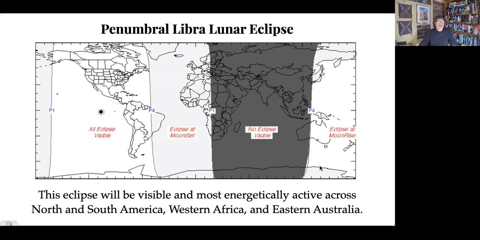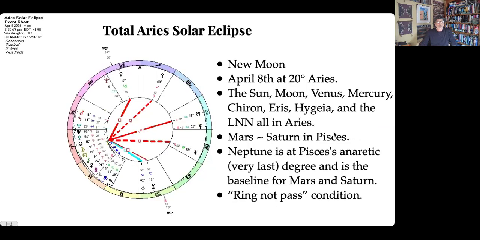The eclipse will be visible and mostly energetic across most of the United States and South America, Western Africa and Eastern Australia. And this is where the intensity will be and where it will be visible. So the solar eclipse is a new moon on April 8th.